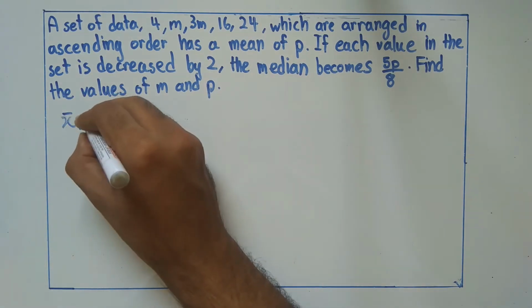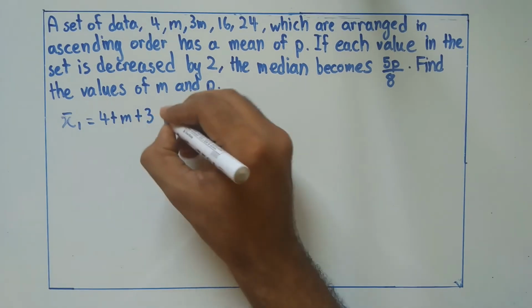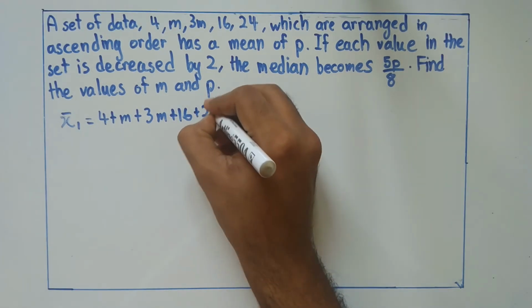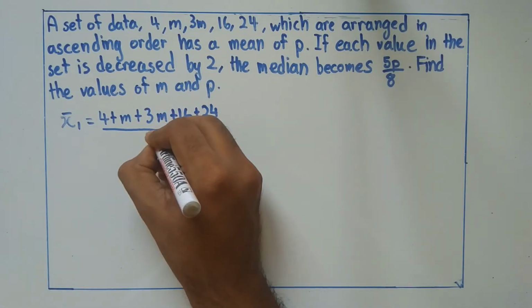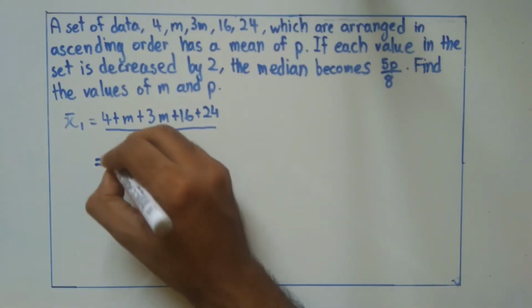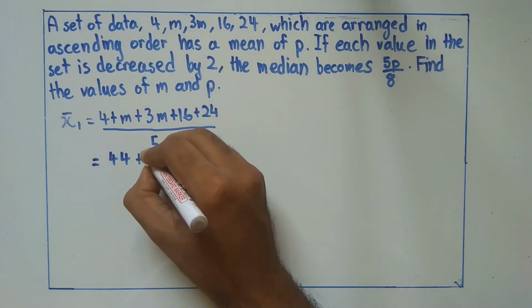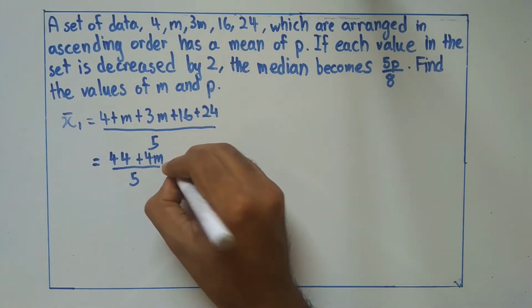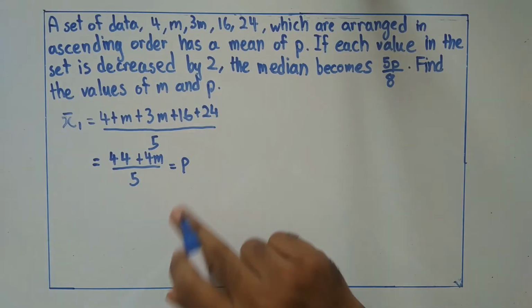The mean of the first dataset is 4 plus m and so on, divided by 5. This mean equals p.